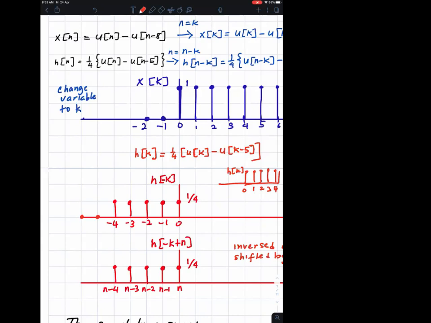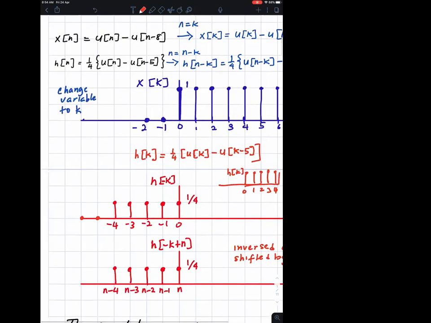Okay, this signal is not going to infinity like what we have drawn earlier. So h of minus k is going from 0, 1, 2, 3, 4. There's a mistake here. I mean, k minus 5 is for h of k being 0 until 4.